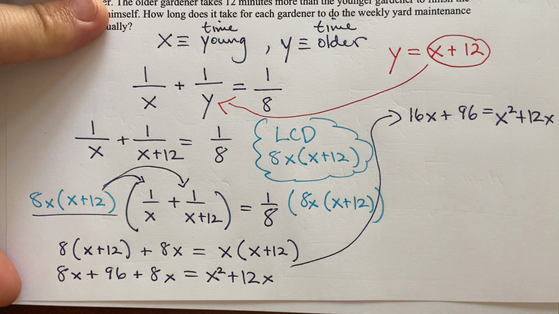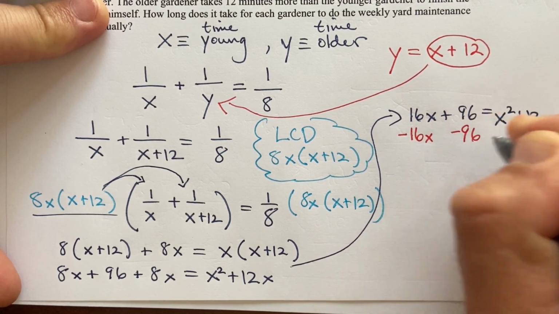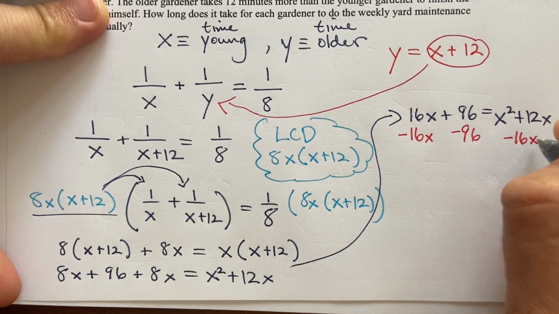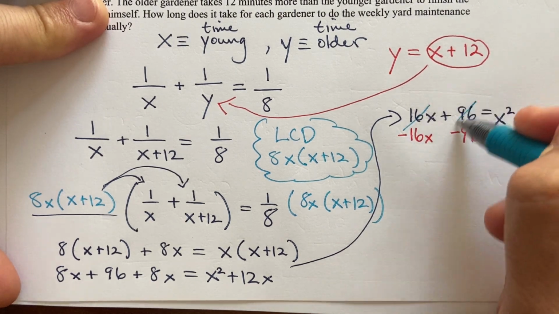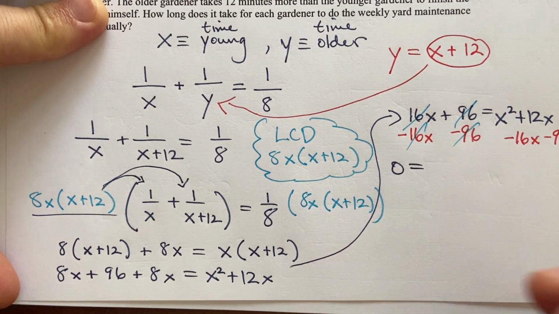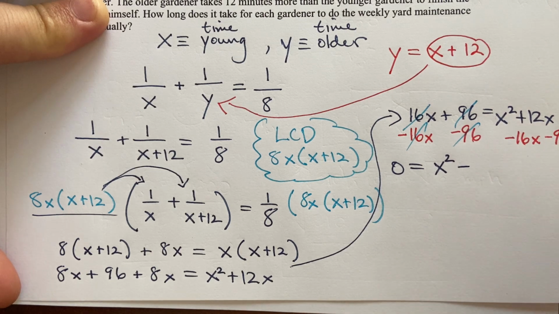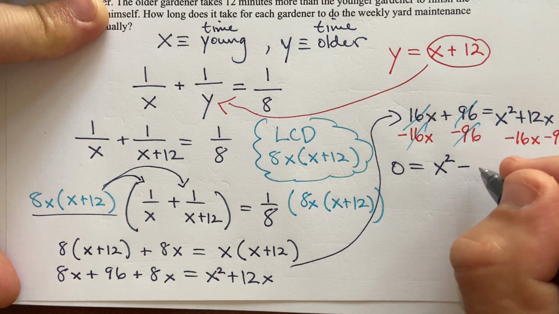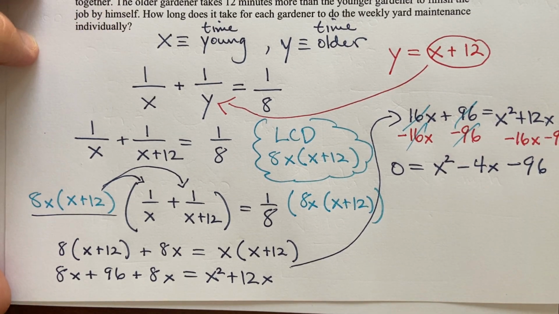I want my 0, so I'll subtract stuff. Okay, so everything cancels on the left. I get my 0. So x squared minus, so 12x minus 16x is negative 4x, and then minus 96.